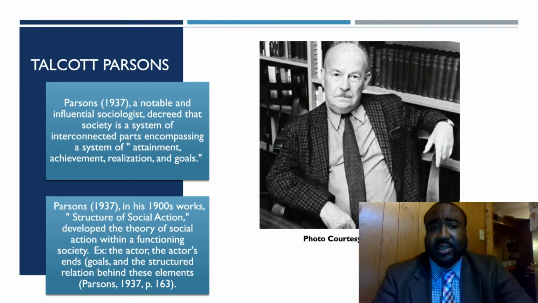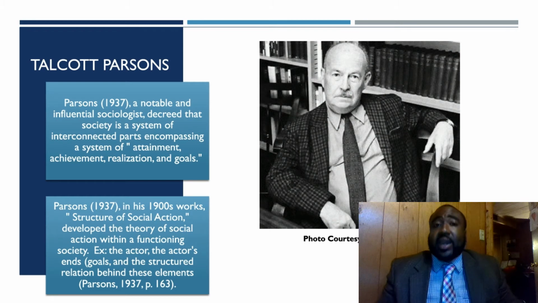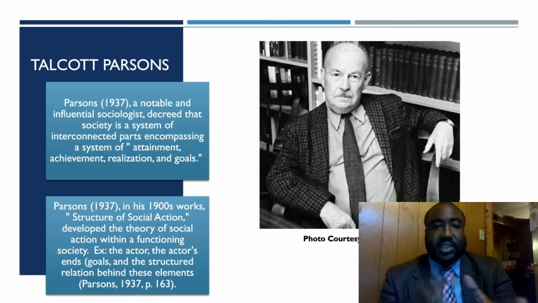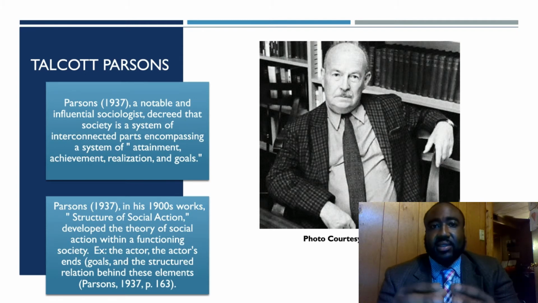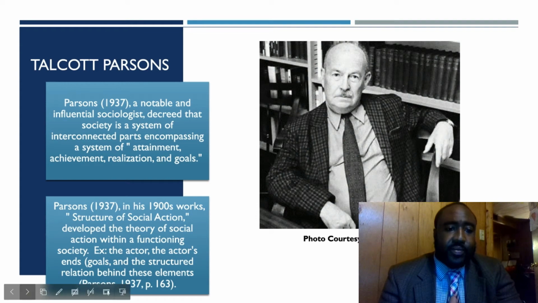Parsons essentially said that a society is a system of interconnectedness, and that a social system consists of attainment, achievement, purpose, and goals, which are all functional, in which every human being within a society shares those same types of attributes. So Parsons and Durkheim both had the theory that society is interconnected, and that there is no disconnectivity within anything that makes up a social structure.